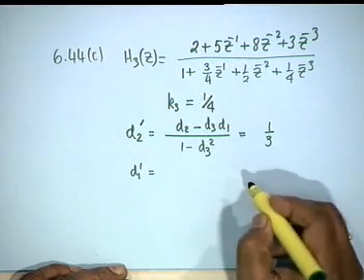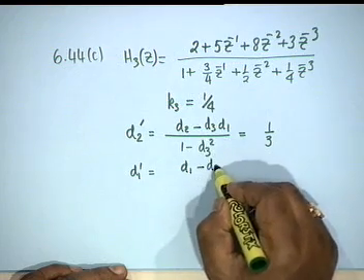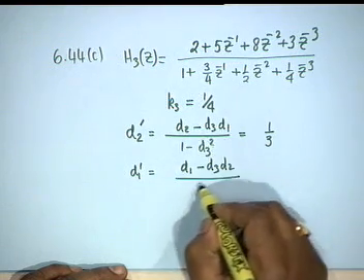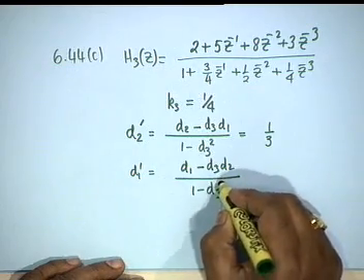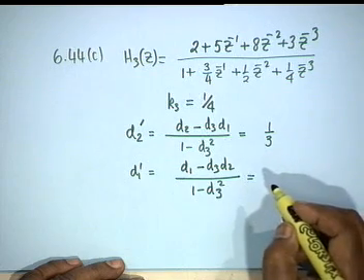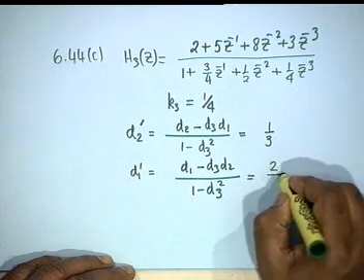D1 prime is equal to D1 minus D3 D2 divided by 1 minus D3 square, that comes out as 2/3.